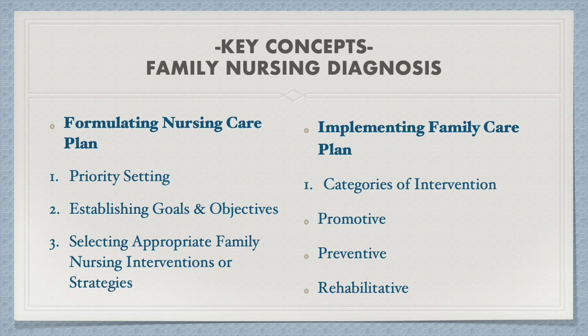The nurse's role in the formulation of the nursing care plan is to offer guidance, provide information, and assist the family in the planning process. But in the end, the family's decisions regarding healthcare have to be respected.